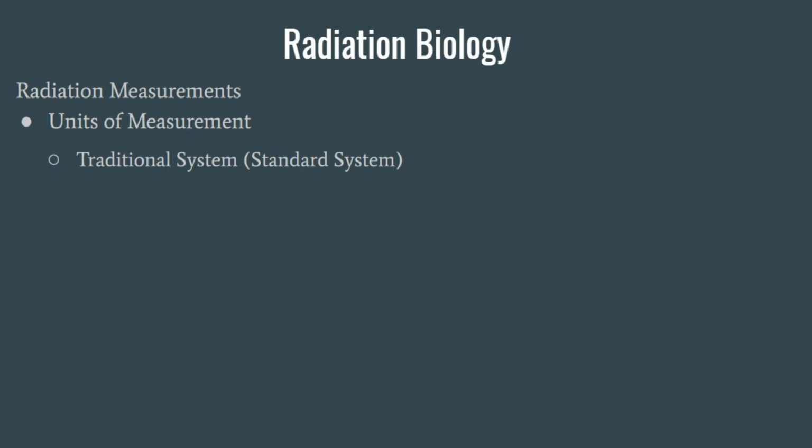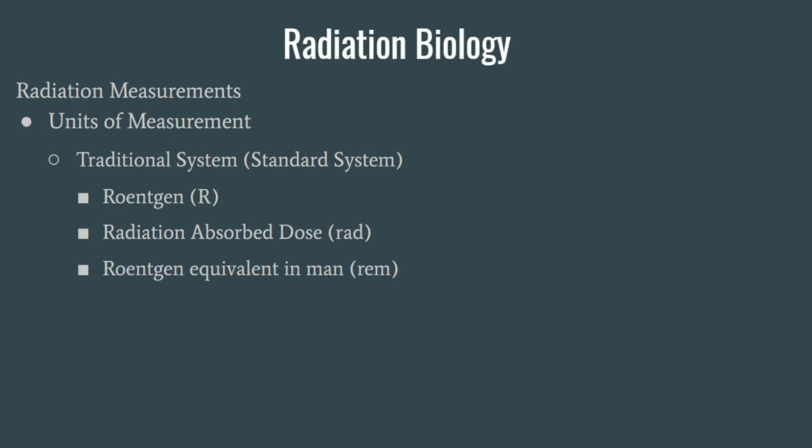The first is the traditional system, also known as the standard system. And the units of measurement for the traditional system are the roentgen, the radiation absorbed dose, the roentgen equivalent in man. And then we have the SI system, or the Système International d'Unités.